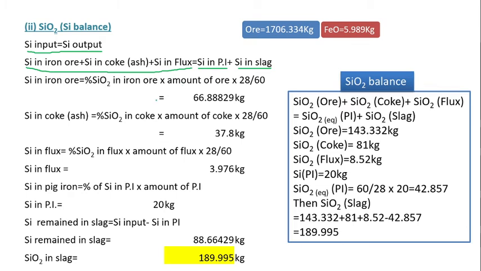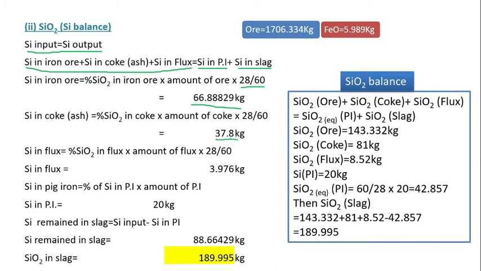In each case we have to multiply by 28 by 60, because the mass of silicon is 28 and SiO2 is 60. So 28 divided by 60, that means Si by SiO2. So the percentage of silica in iron ore, in amount of ore, into this factor gives rise to 66.888 kg. Likewise, we can calculate the SiO2 in the coke.